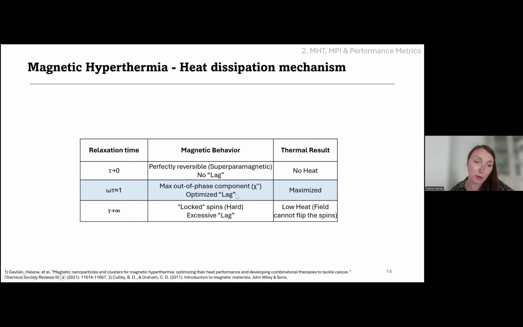So the sweet spot is when we have a maximized out-of-phase component, so optimized lag, let's say. Under this condition, when omega times the relaxation time tends to be 1, if we consider the formula I showed you before, we will have optimized heat released.